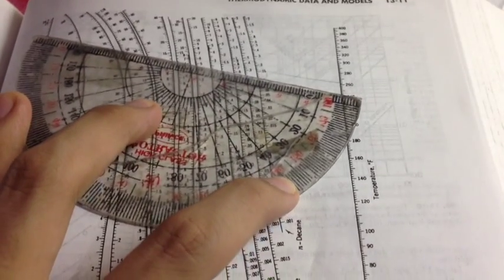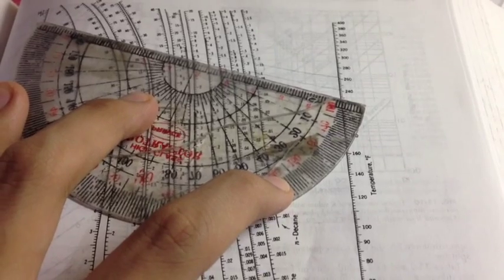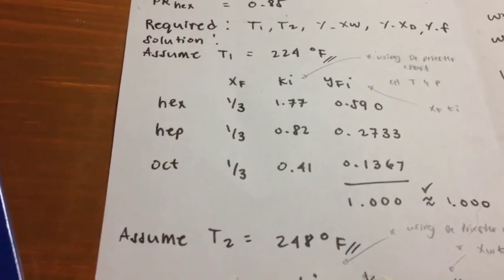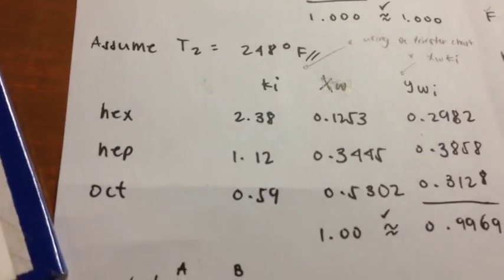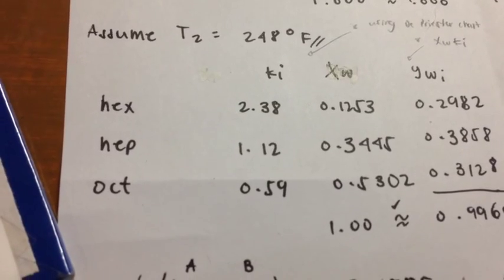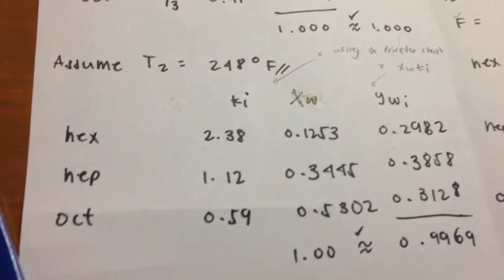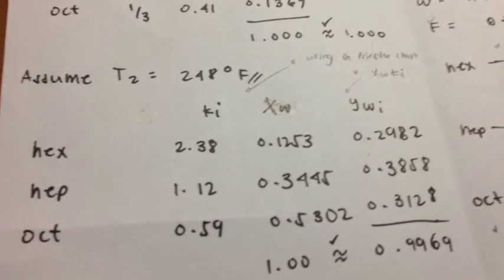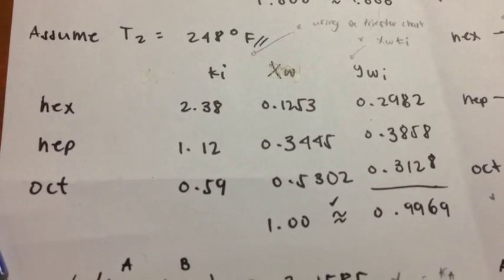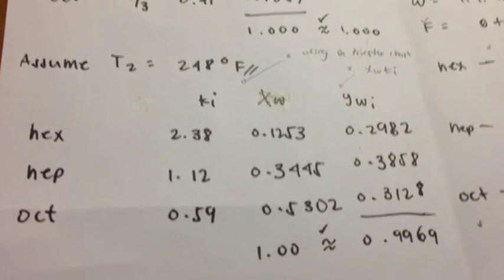By plotting 248, we get values of Ki with the nomograph for n-hexane, n-heptane, and n-octane: 2.38 for hexane, 1.12 for heptane, and 0.59 for octane. And we get the XW of 0.1253, 0.3445, and 0.5302.